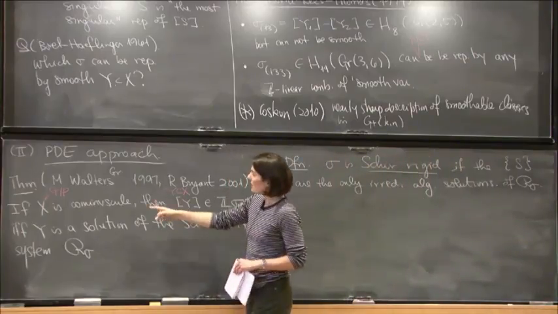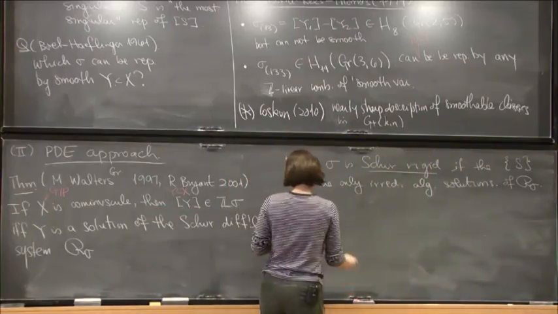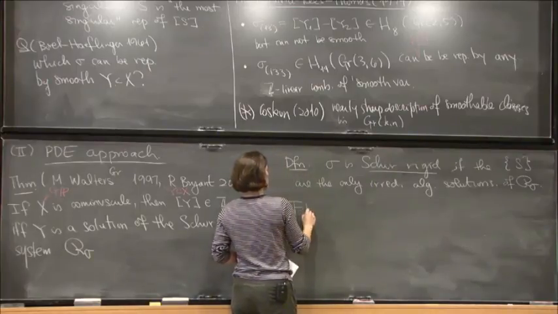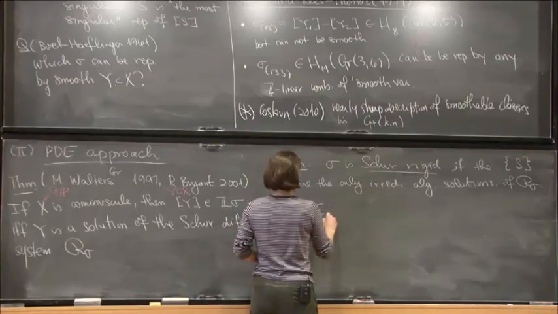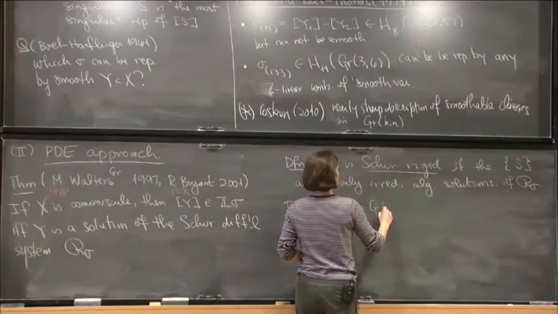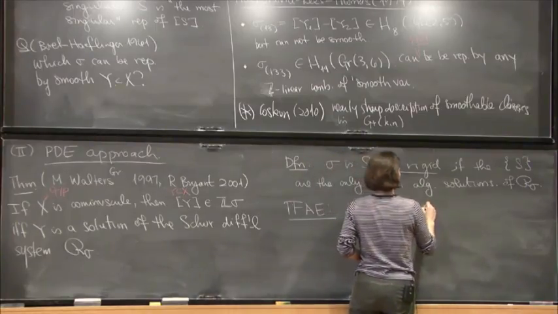Okay, so let me start with co-minuscule. The following are equivalent. Our homogeneous variety, X = G/P, is co-minuscule.